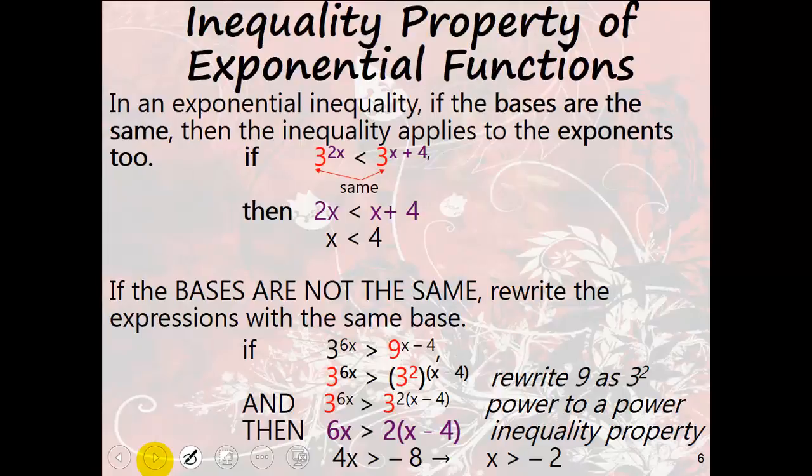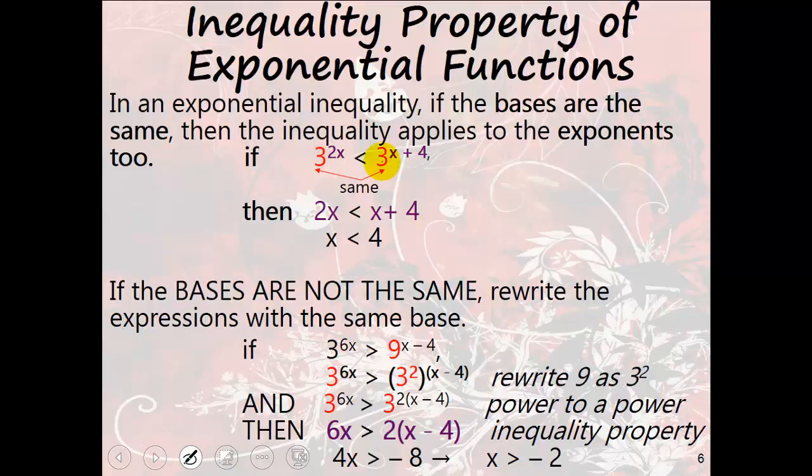Now we're going to talk about the inequality property of exponential functions, and it follows the same line of thinking. If I have an inequality, doesn't matter what direction my inequality is going, if my bases are the same, then the inequality has to apply to the relationship of the exponents too. So notice here I have base 3, base 3 with an inequality.